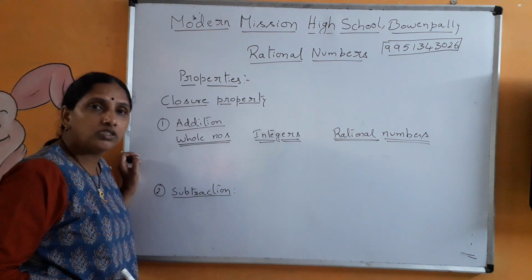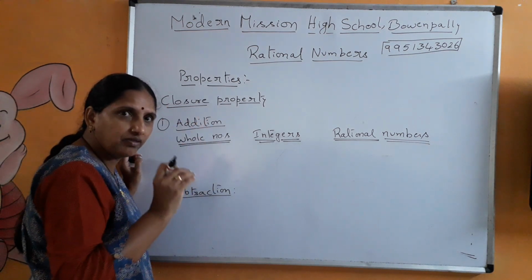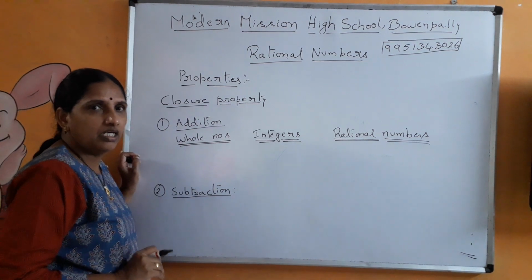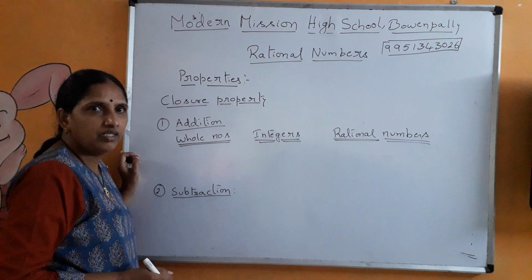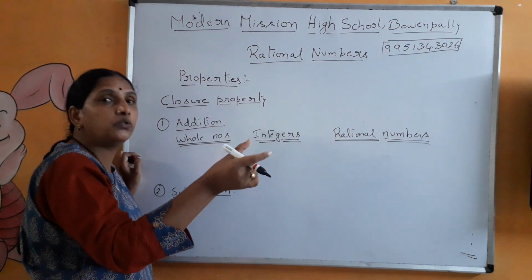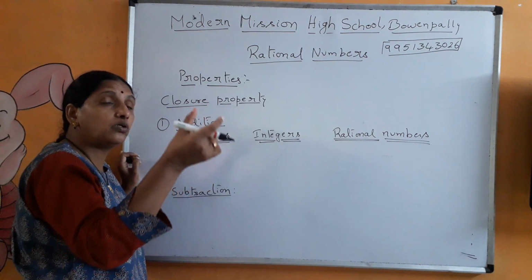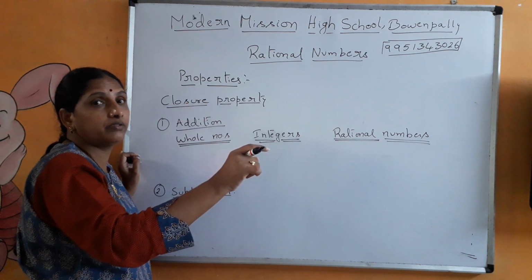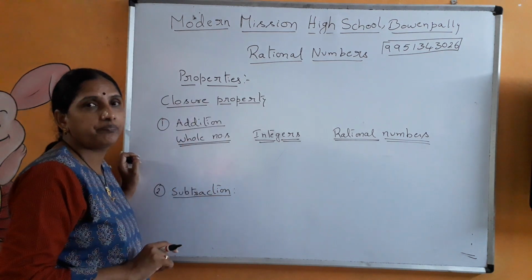What do you mean by closure property? If a certain set of numbers is given and you are defining a particular operation, after performing the operation, whatever result you get, does it belong again to the same system of numbers or not?